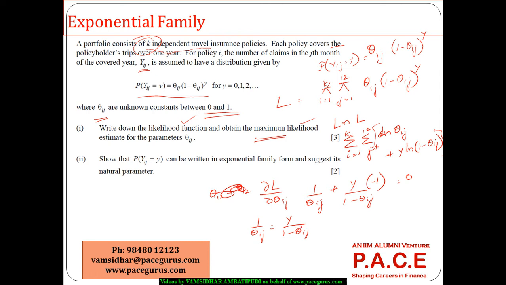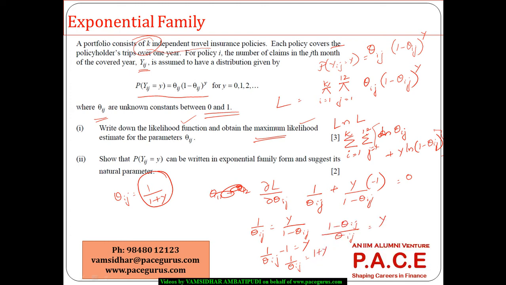So we should be able to find theta ij here, because 1 minus theta ij by theta ij equals y. 1 by theta ij minus 1 equals y. 1 by theta ij equals 1 plus y. Theta ij becomes 1 by 1 plus y.